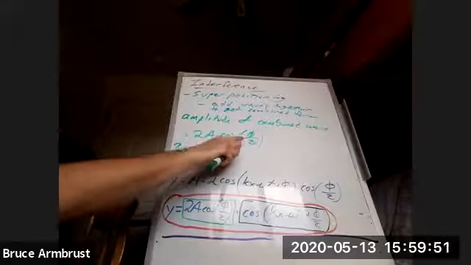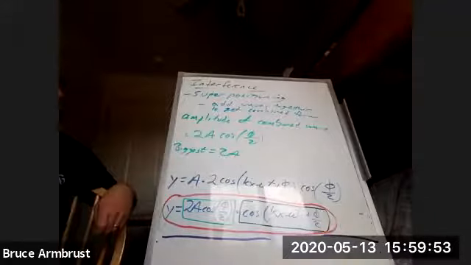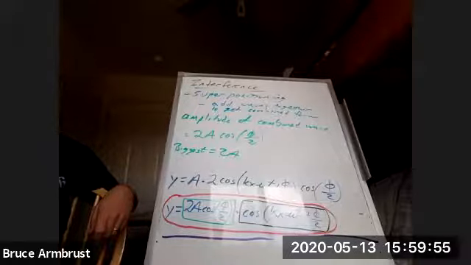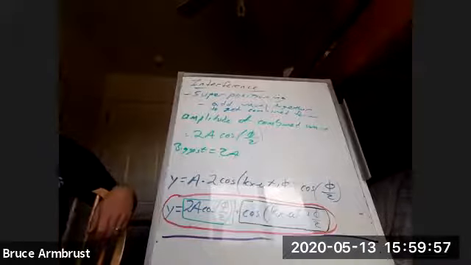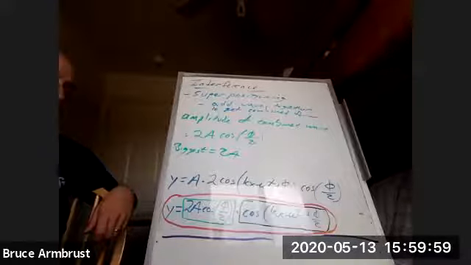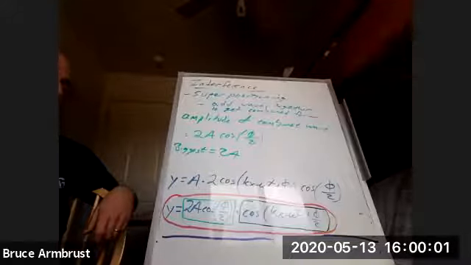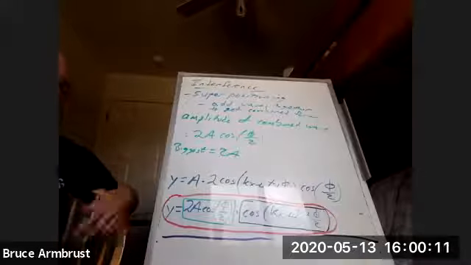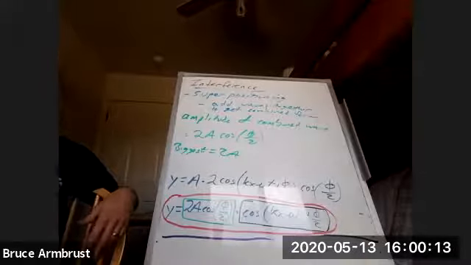So can you tell me what kind of phase difference would give me a cosine value of 1? What angles give you cosine of 1? 0, 2 pi. Okay, so also pi, 2 pi, 3 pi, some whole number of pi.